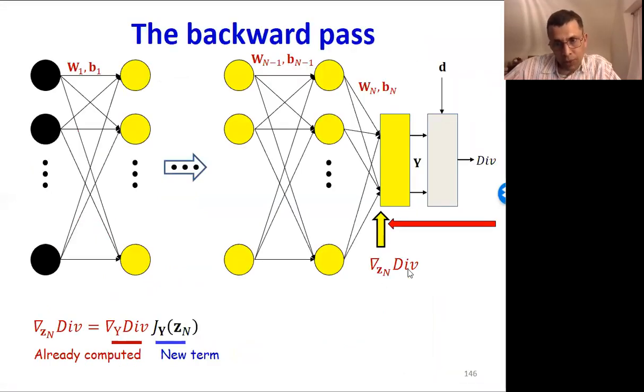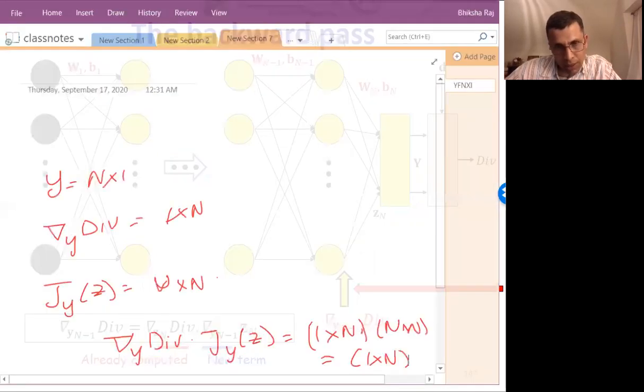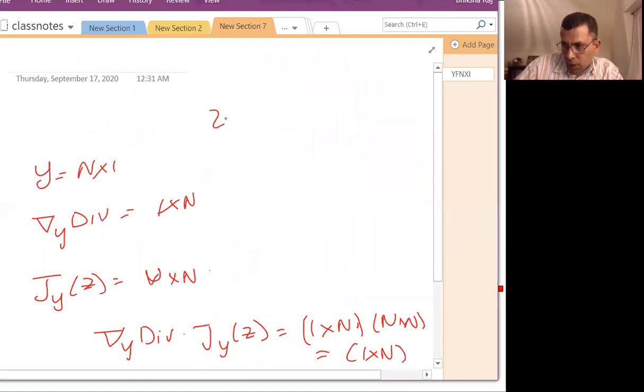Then we take a step back and compute the derivative with respect to the output of the previous layer. Using the chain rule, this is simply going to be the derivative of the divergence with respect to z, right multiplied by the derivative of z with respect to y. And this derivative of z with respect to y, remember, the relationship for z was z equals W y plus b.